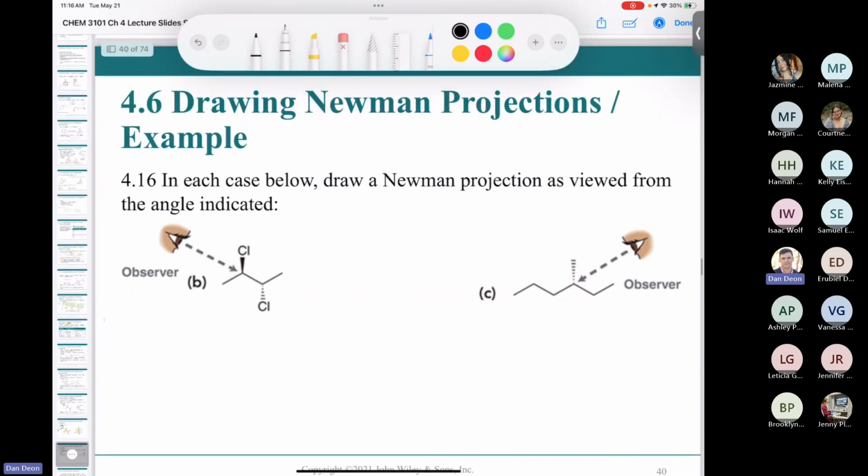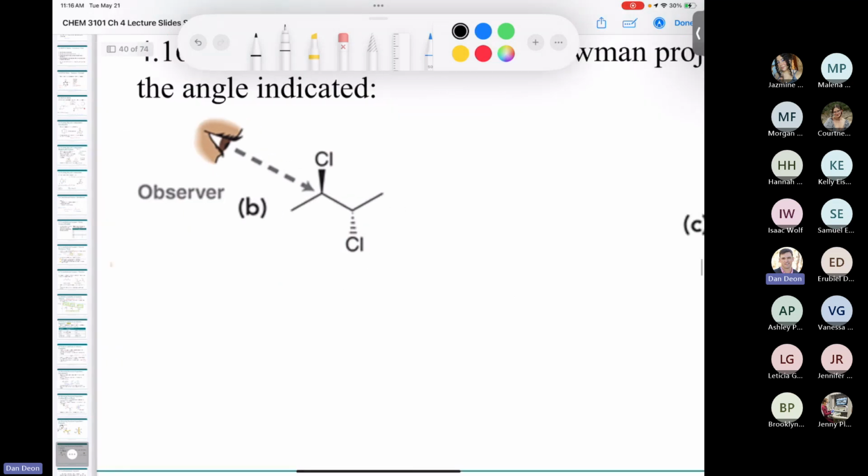So what I would like you to try before lecture on Thursday is to try to draw the Newman projections of both of these. But I'm going to get you started on just the first one. So if we look at just the first one, if we put a red dot on this carbon, it's going to be like this, and that's where there's going to be the intersection of three lines.